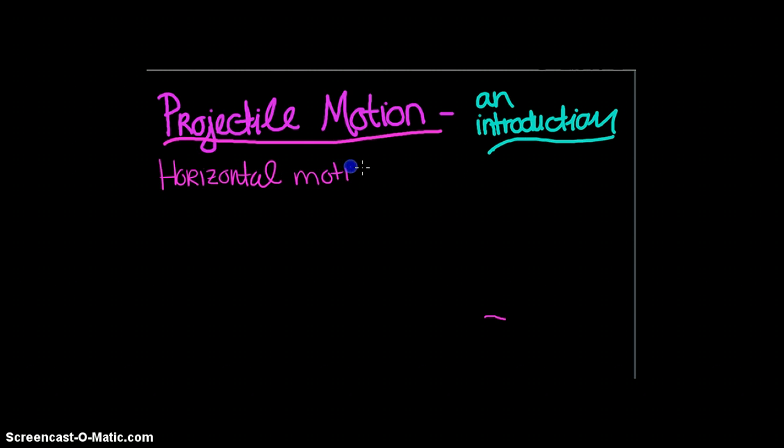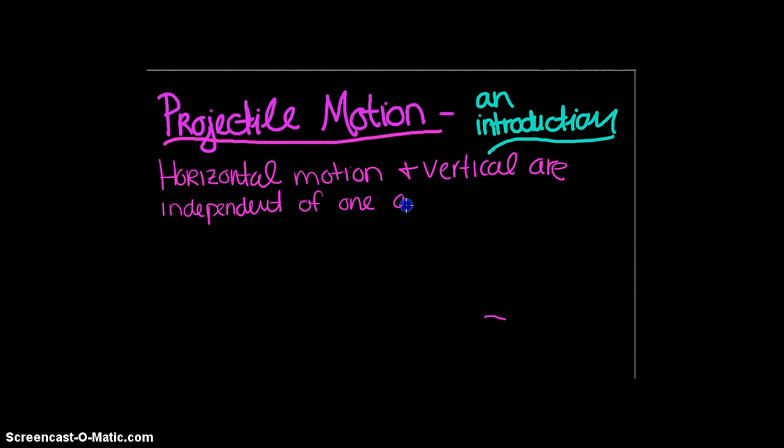So if we know that horizontal motion and vertical motion are independent of one another, how can we analyze problems that involve motion in 2 dimensions?